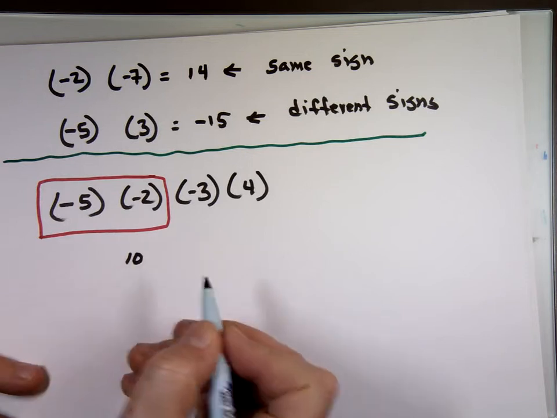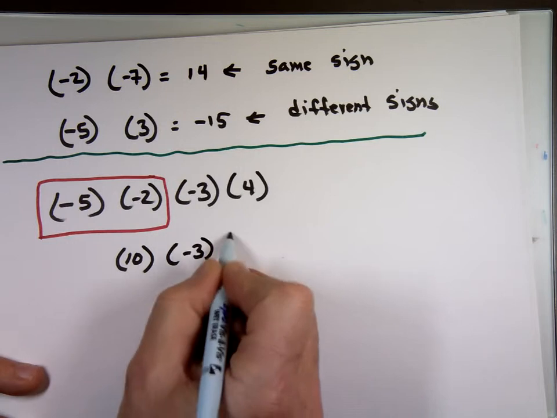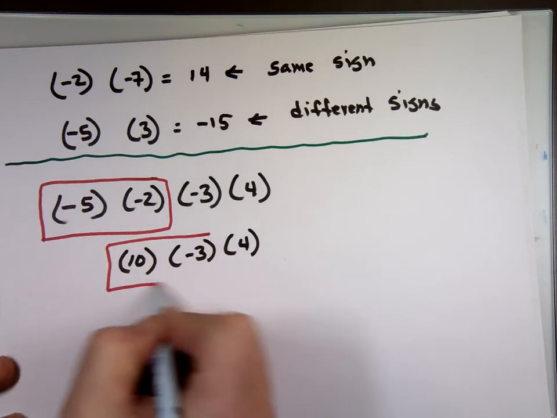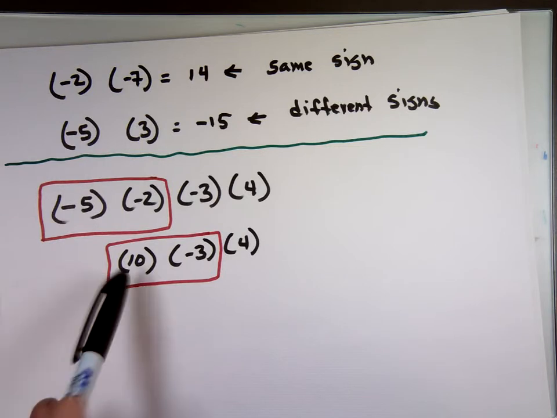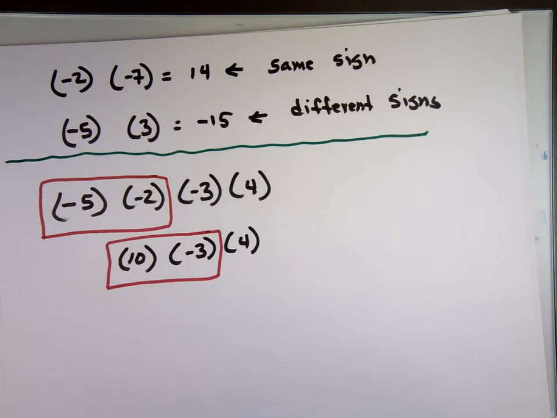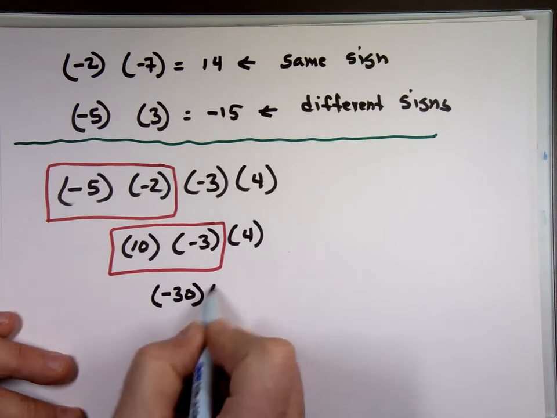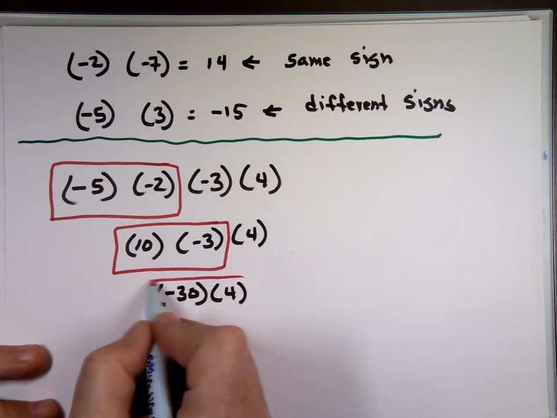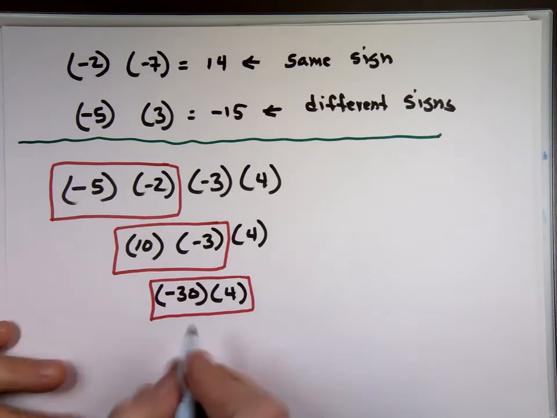So I don't have to put the positive here, but if you want to put a positive, that's fine. Copy the rest of the problem. Then we take the next two. Different signs, that'll be negative 30 times the 4. And what about the last two? Negative 120.